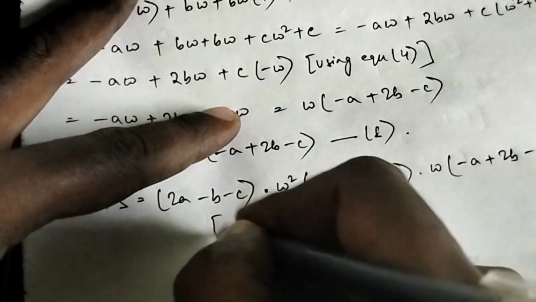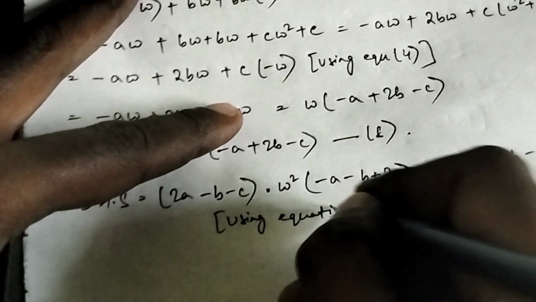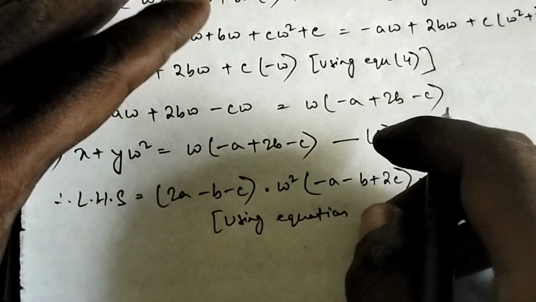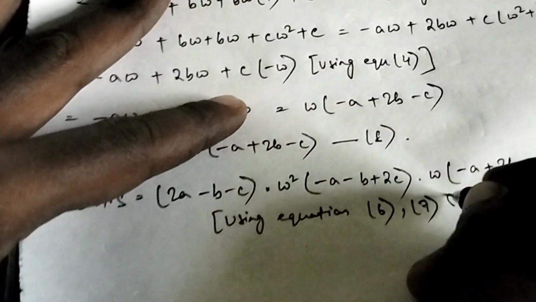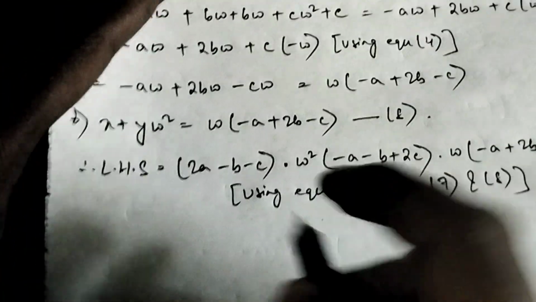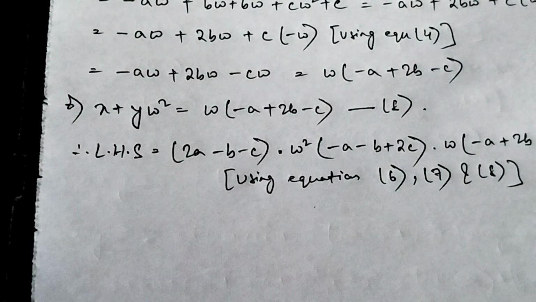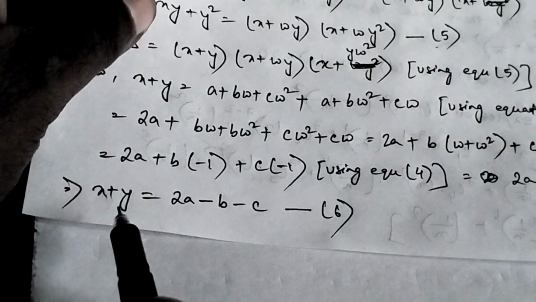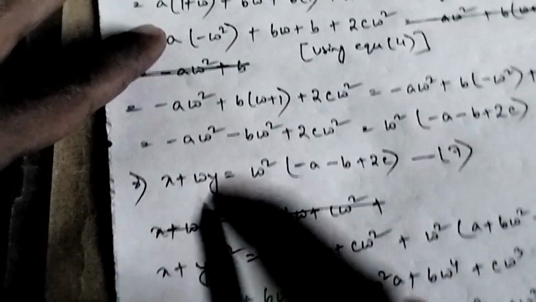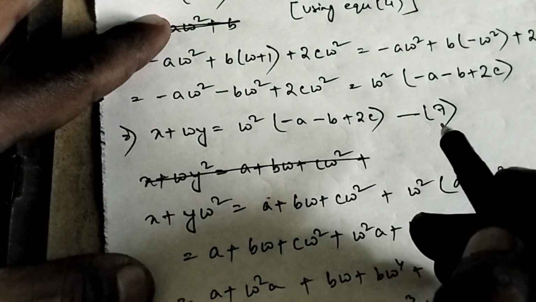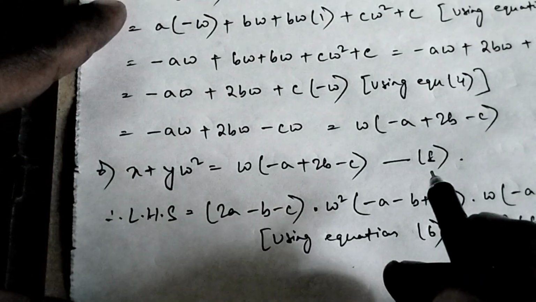Here we have used equations 6, 7 and 8. We got these values using these three equations. So x plus y was this one using equation 6, x plus omega y is this one, equation 7, then x plus y omega square, this was equation 8.